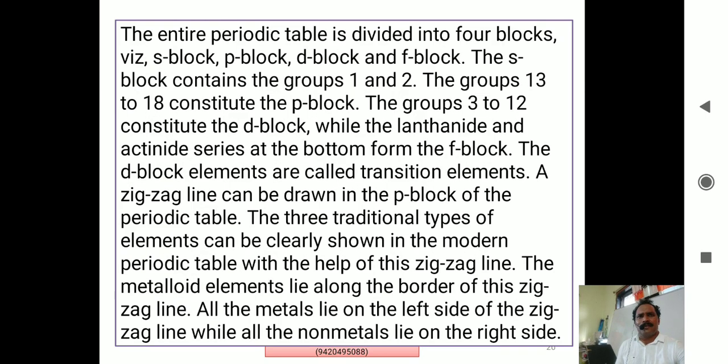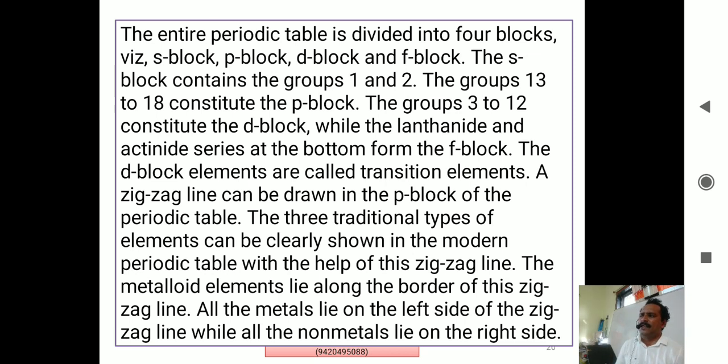In this periodic table, the entire table gets divided into 4 blocks: S block, P block, D block and F block. In the S block are the first 2 groups, group 1 and 2.